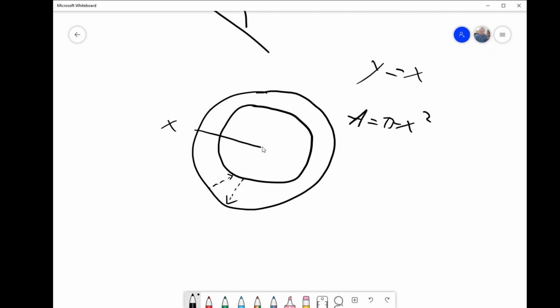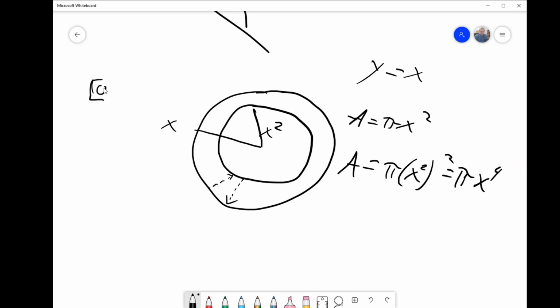That has a radius of x squared, so the area of that circle is pi times x squared, all squared, or pi x to the fourth. Now that is the smaller one at x squared, because remember we're only looking at it on the domain from 0 to 1, where x squared is less than x.